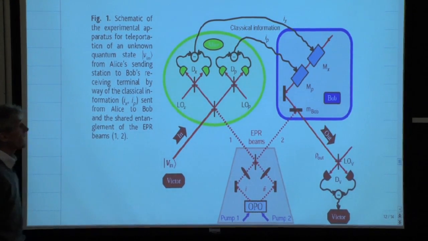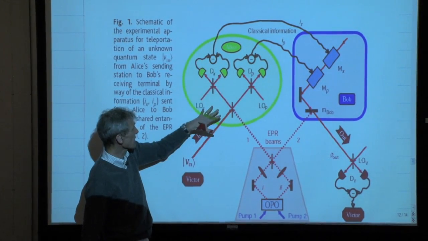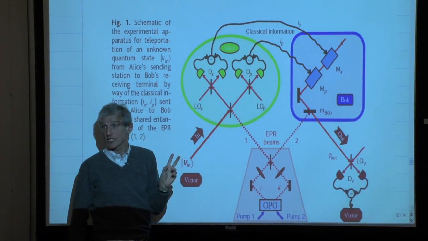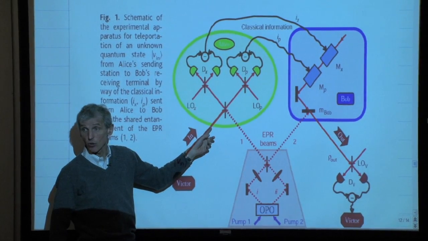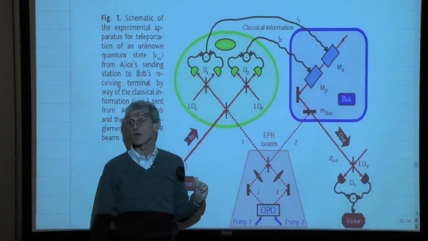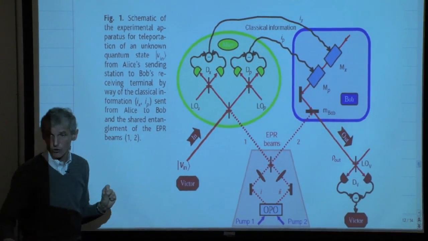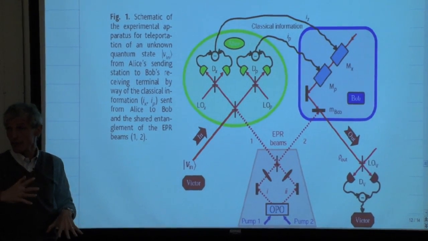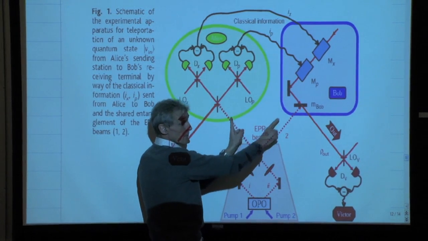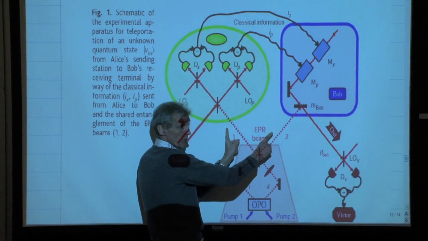So now what Alice has done is, by using this balanced homodyning with this local oscillator, she has actually now performed two measurements. The quantum state is destroyed, but here she gets an X value, and here she gets a P value. How the magic works out, it's really just a few lines of mathematics, is these were twin brothers. But it wasn't clear in which quantum state the twin brothers are.